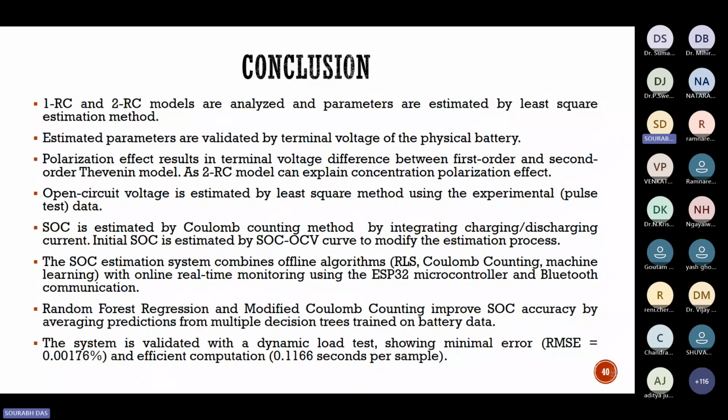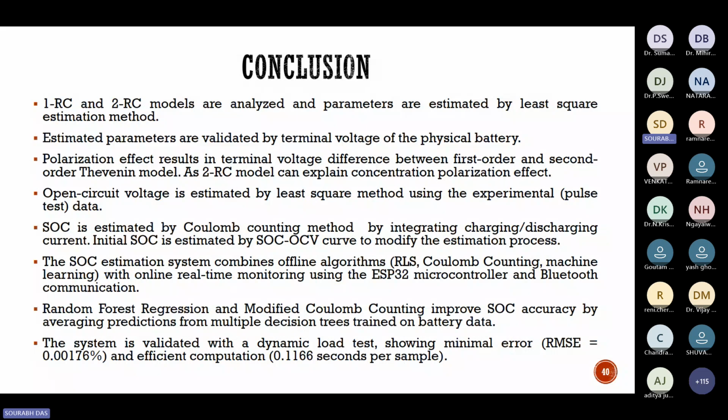Then the polarization effect results in the terminal voltage difference between the first order and second order model, as the 2RC model can explain the concentration polarization effect. And then open circuit voltage is estimated by the least square method using the experimental data.